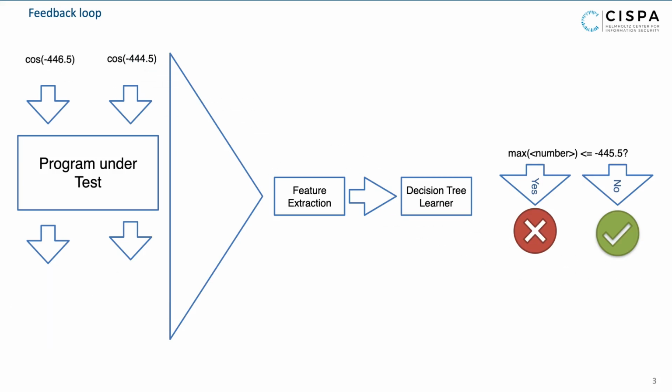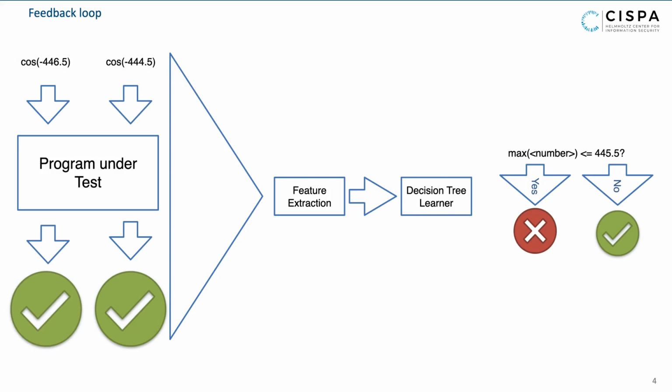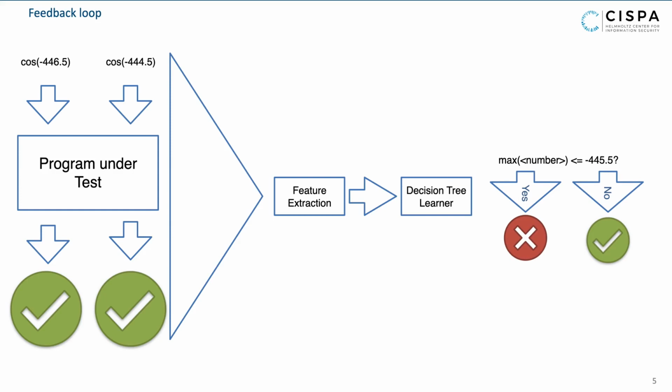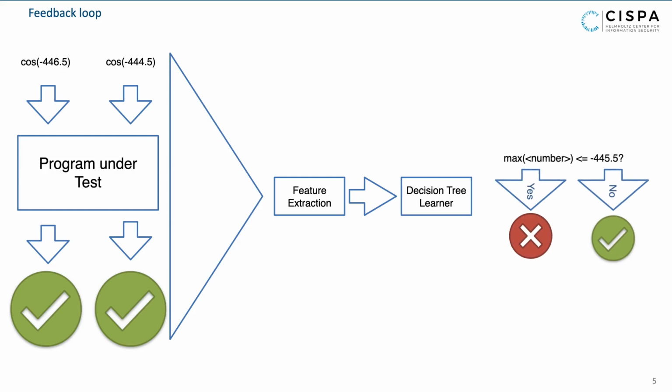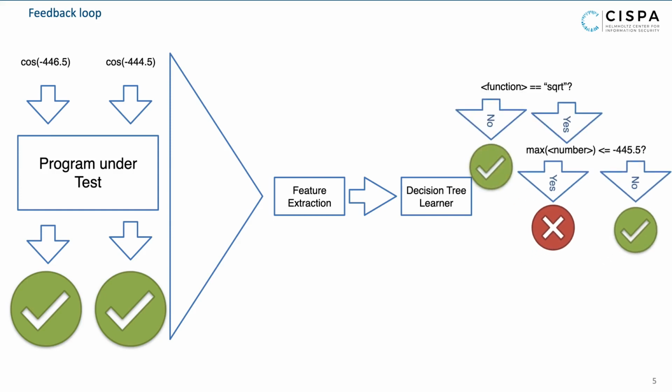We can then put those inputs into the program under test and observe that both of them pass. We extract features from the new inputs and feed those into the decision tree learner in addition to the features from the inputs we already had. This allows the decision tree learner to generate a more precise hypothesis, which already contains the fact that the function needs to be square root.